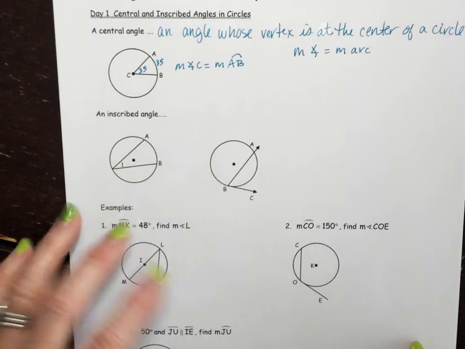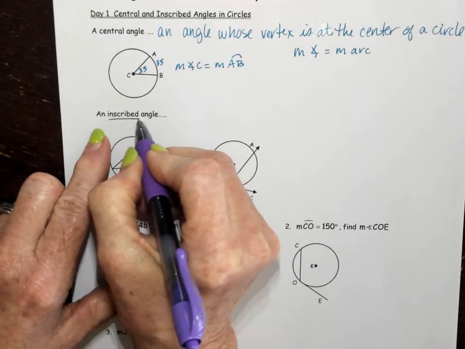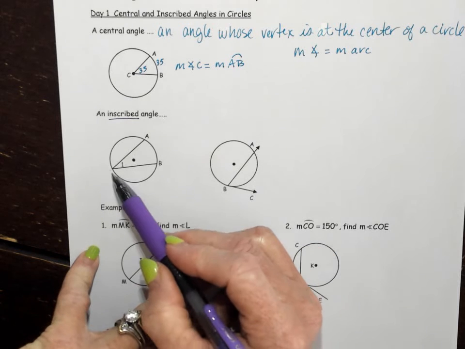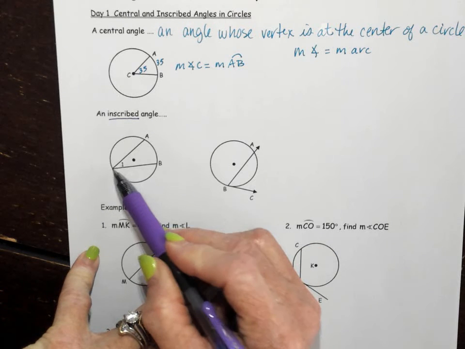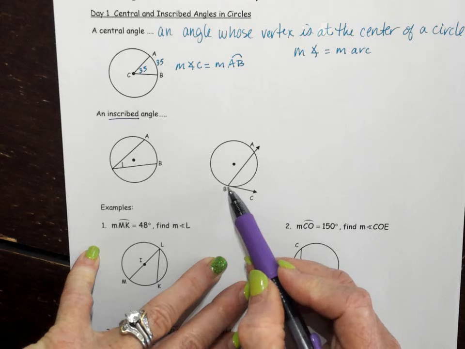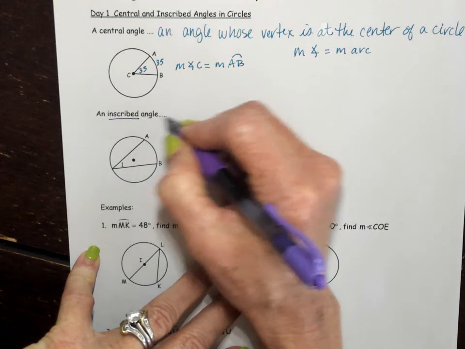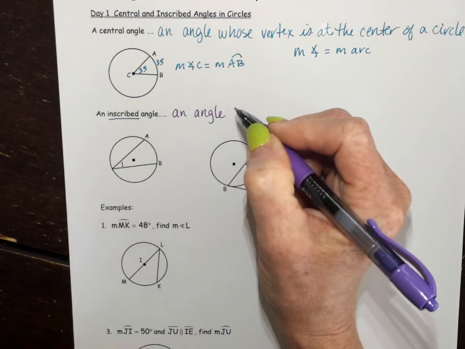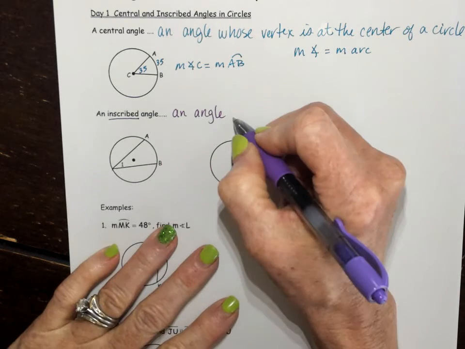An inscribed angle is an angle whose vertex is on the circle. So see, this angle vertex is on the circle, not at the center, but on the circle. Same thing over here. So an inscribed angle is an angle whose vertex is on the circle.